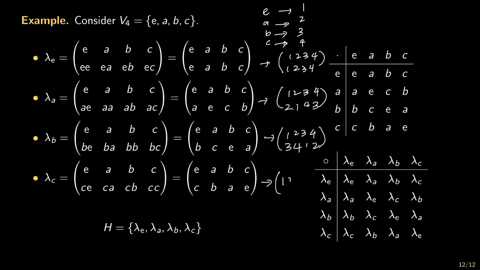And this is 4, 3, 2, 1. So these permutations form a subgroup of S sub 4 of order 4. When you try to construct their Cayley tables, it is this. You see that there's a natural isomorphism between the group V4 and the group H containing these permutations from S sub 4. So that's what Cayley's theorem is telling us.